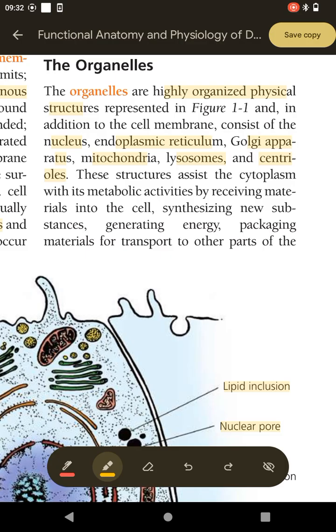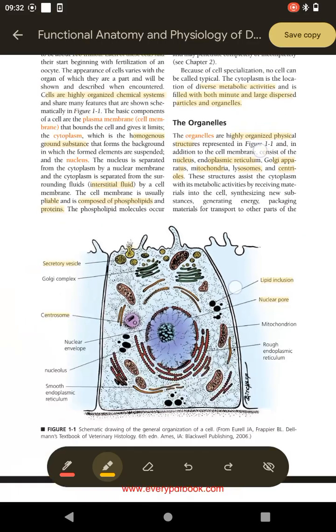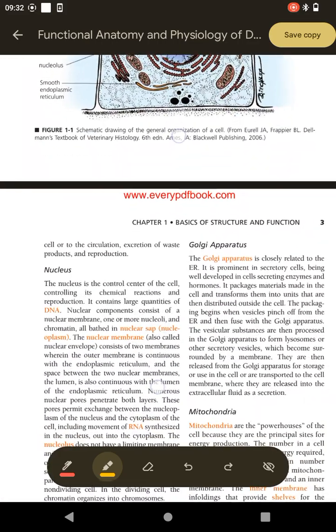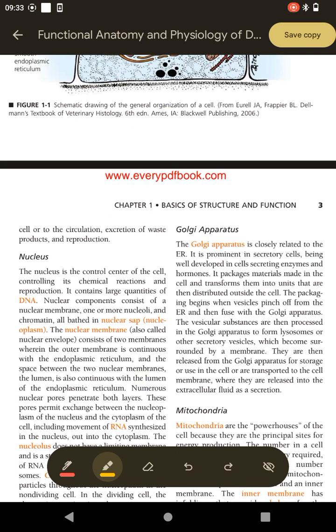These structures assist the cytoplasm with its metabolic activity by receiving material into the cell, synthesizing new substances, generating energy, packaging material for transport to other parts of the cell or to the circulation, excretion of waste products, and reproduction.